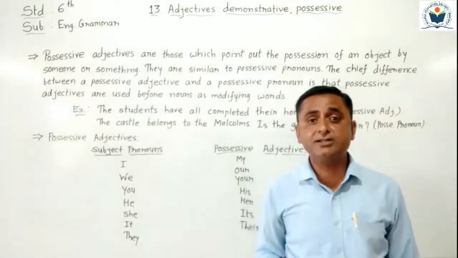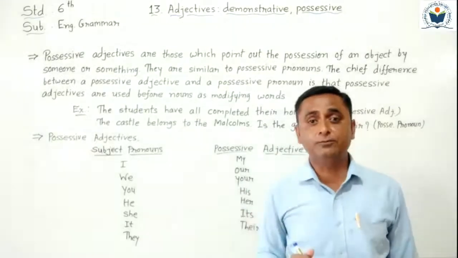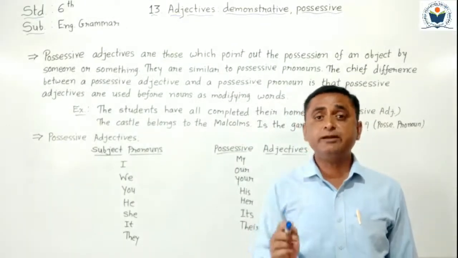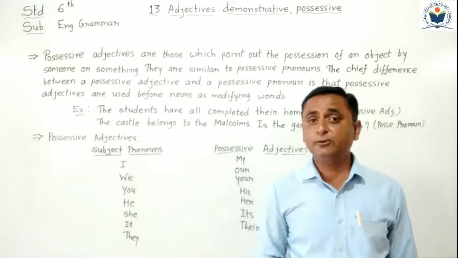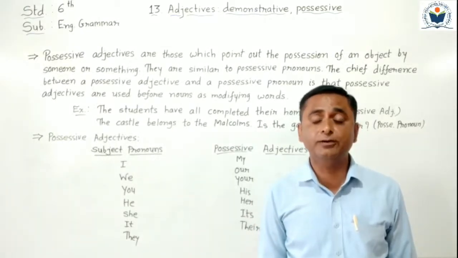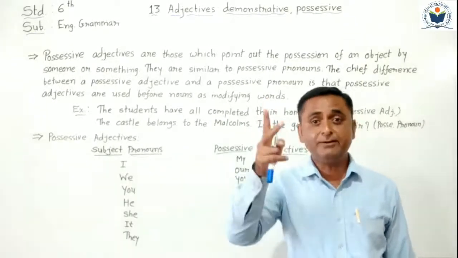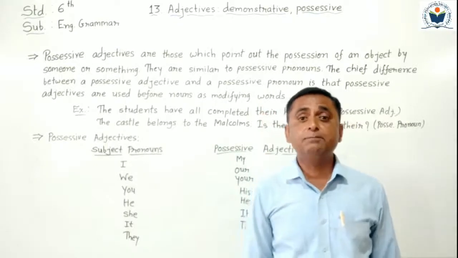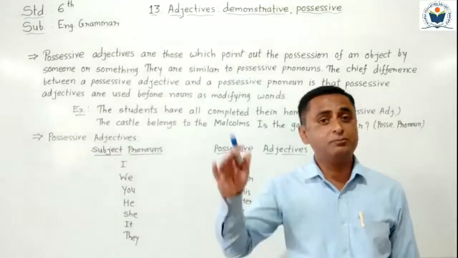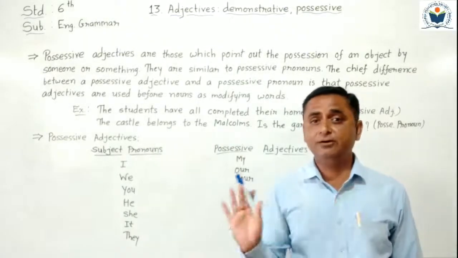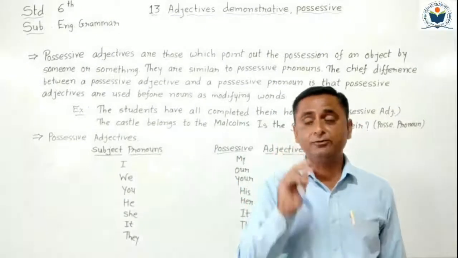Means in simple language, a possessive adjective is always followed by a noun. पॉजेसिव एडजेक्टिव के बाद हमेशा नाउन फॉलो होता है, मगर पॉजेसिव प्रोनाउन के पीछे कभी नाउन फॉलो नहीं होता. So you have to keep this major difference in mind while using possessive adjective and possessive pronoun. Possessive adjective is always followed by a noun, but possessive pronoun has no noun after it.